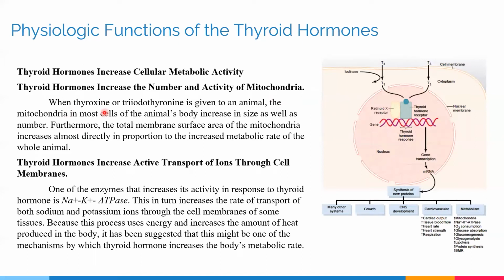When thyroxine or triiodothyronine is given to an animal, the mitochondria in most of the cells of the animal's body increase in size as well as number. Furthermore, the total membrane surface area of the mitochondria increases almost directly in proportion to the increased metabolic rate of the whole animal.